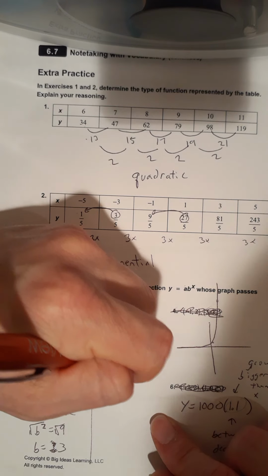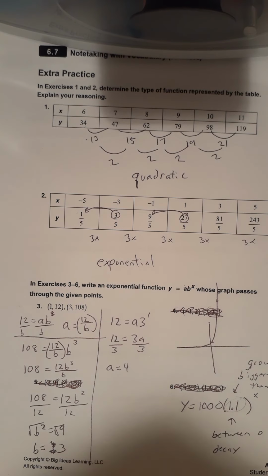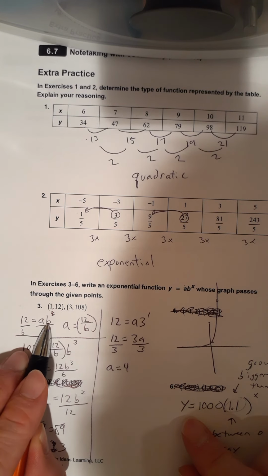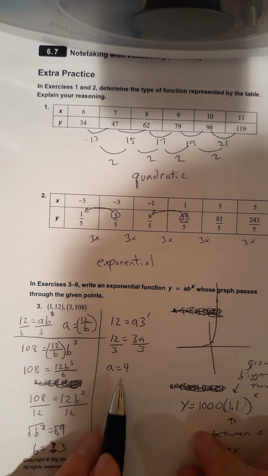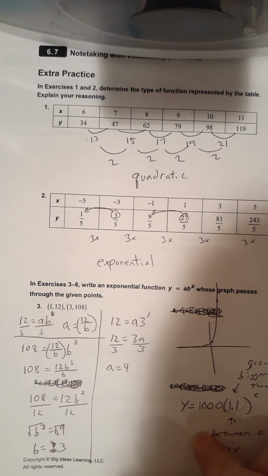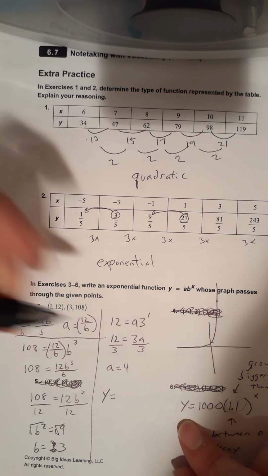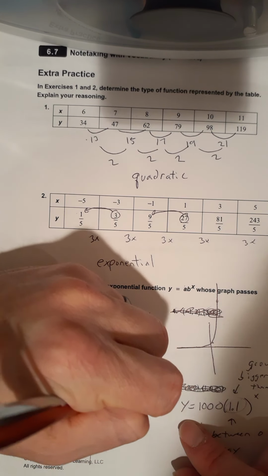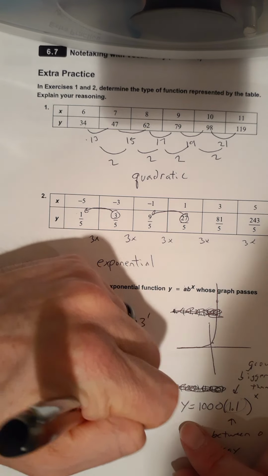A equals 4. We said a few minutes ago, once we know what our A value is and our B value is, we're done with the problem. And we now know that A is 4 and B is 3. So our final answer is y equals 4, which is our A value, times 3, which is our B value, to the x.